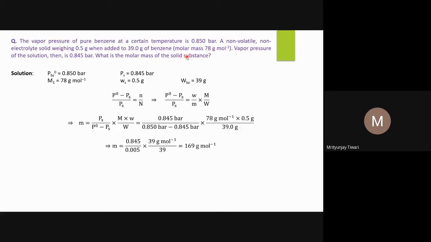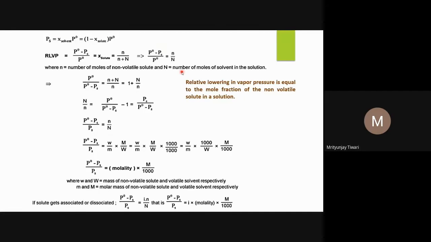What is the molar mass of the solid substance? The question is, we have to calculate the molar mass. To calculate it, we resort to this equation: P naught minus Ps divided by Ps. From here, the value of capital W is given, and the benzene solvent molar mass is given. Everything is already given, and only this one we have to calculate.